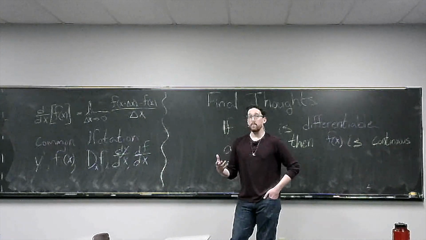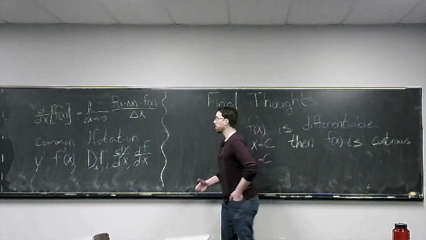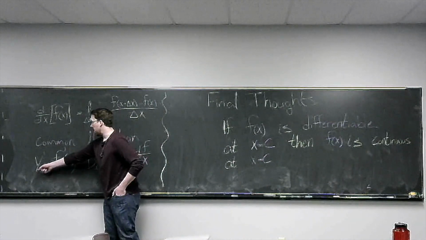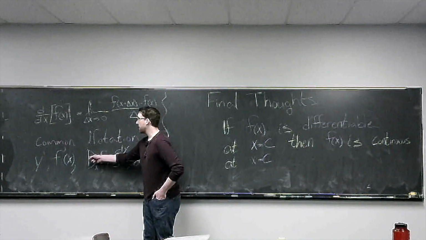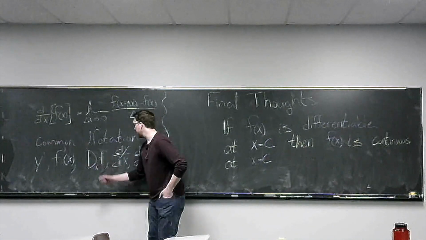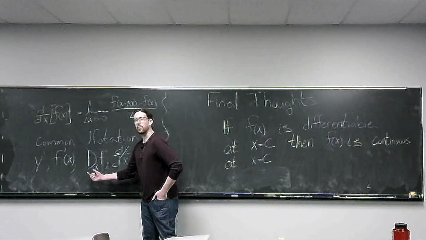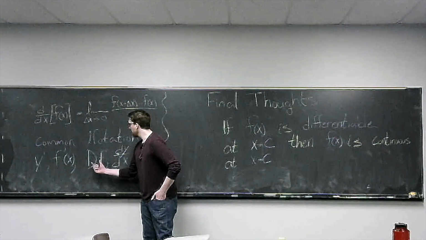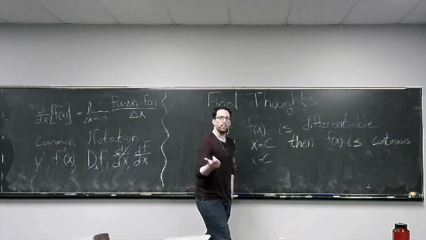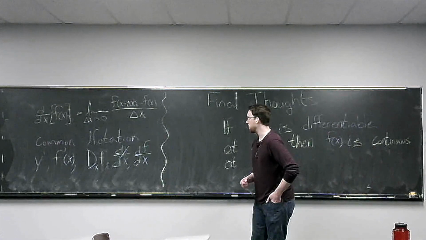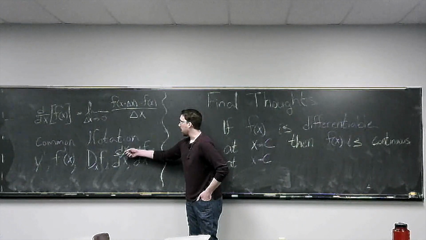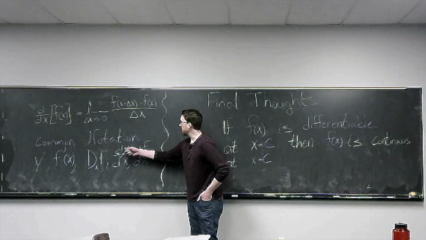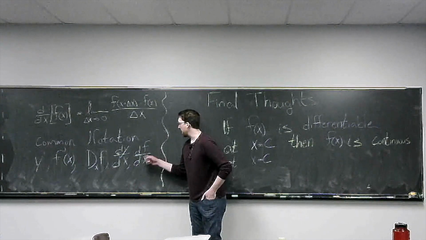But other common forms of notation will be y primed, f primed of x, capital D sub x of f. This is generally seen insofar as I have seen it in engineering and some stuff in fluid mechanics, but that doesn't matter. Another common way of writing it will be dy dx and then df dx.